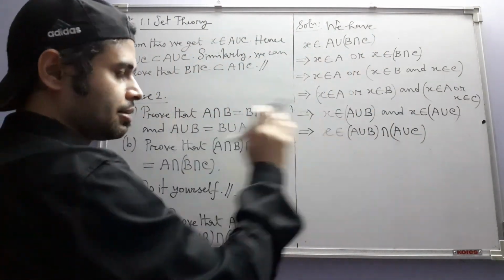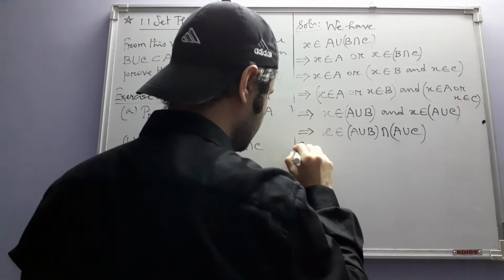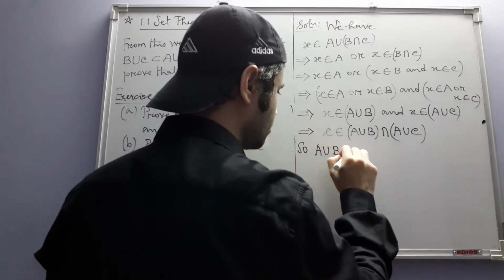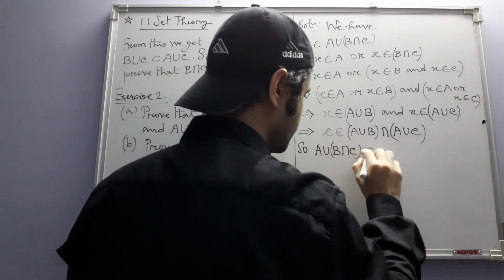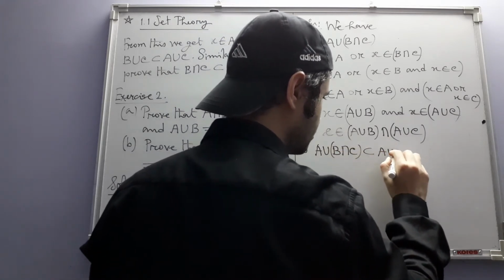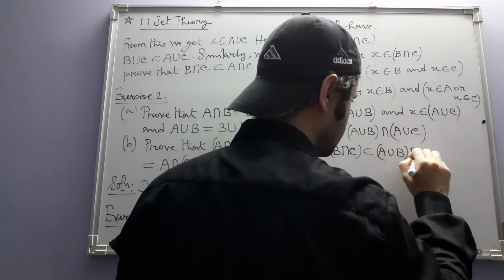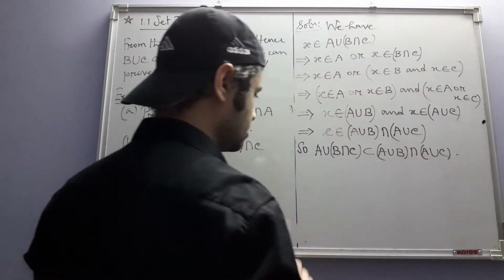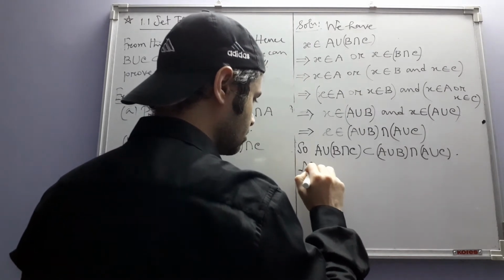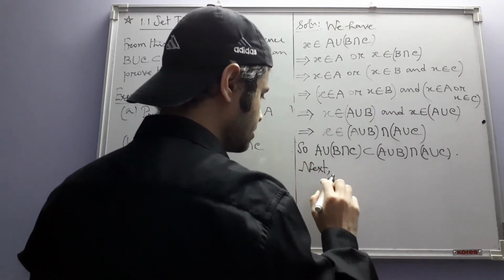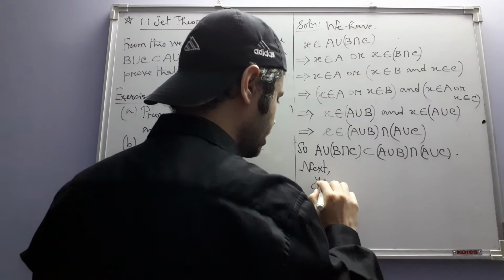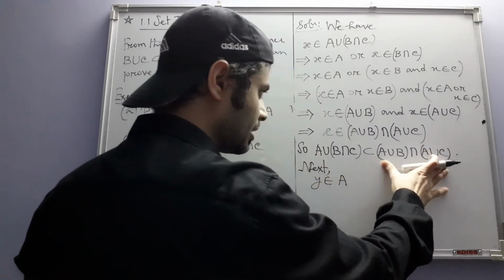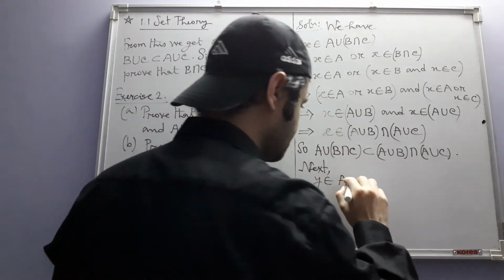So this set is a subset of this set. Next, you take any element here in this set. We now have to prove that this is a subset of this one.